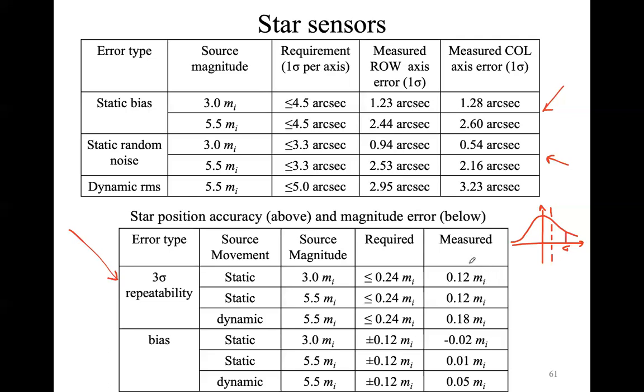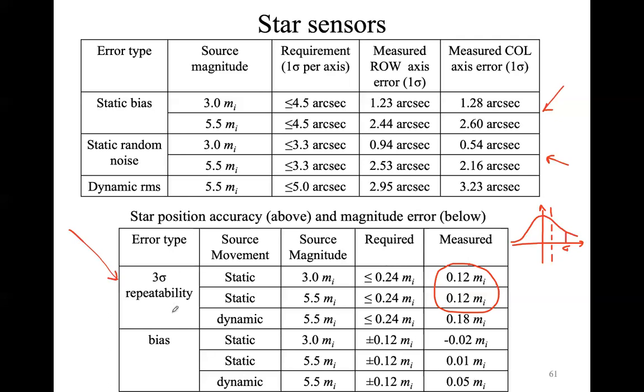So that measurement gives you basically the possible criterion to select the stars. So if you want to be sure that your stars can be distinguished from the others, you need to take into account this difference in the magnitude. The requirements are always larger than the measured error.